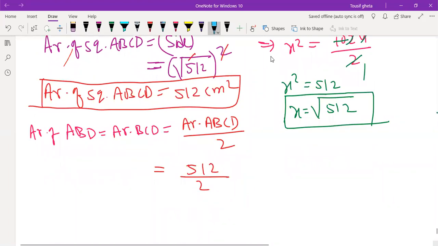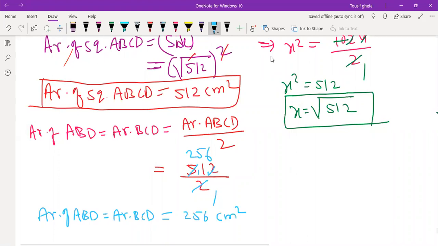So divided, 2 ones are 2, 2 twos are 4, 2 fives are 10, 2 sixes are 12. So we got area of ABD equals to area of BCD equals to 256 centimeter square. This is the first and second part we got.